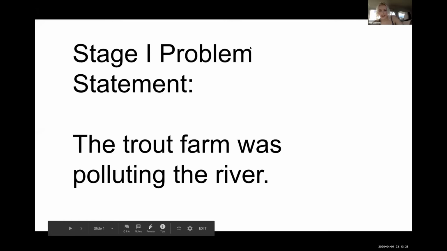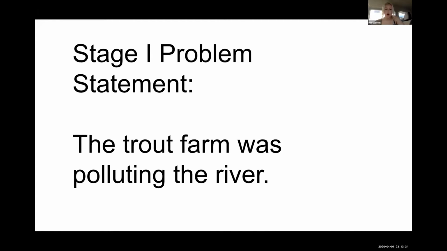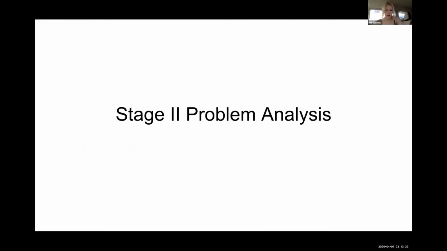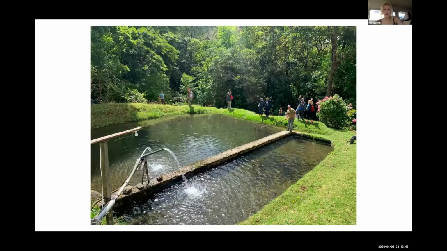Okay. So we're going to be going through the design process of our abroad trip, starting with stage 1, problem statement. The problem statement is the trout farm was polluting the river. Stage 2, problem analysis. So the trout farm that we dealt with was owned by a man named Engr. There's 2 small ponds on a hillside. One was generally the size of a swimming pool, maybe a little bit larger.